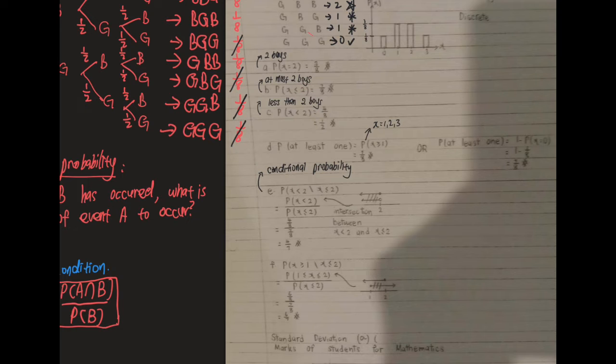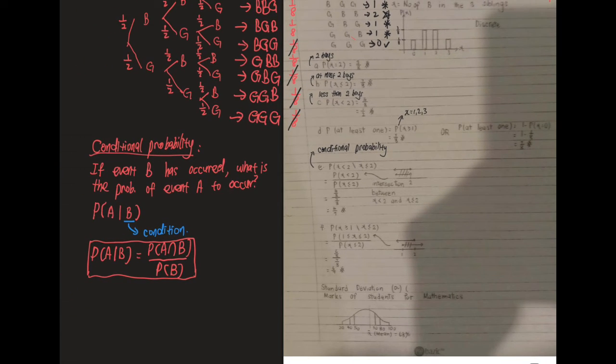Now, in order to put the question in words, I'm going to follow this way. If event B has occurred, the question will be like this. Sometimes they don't use "if", sometimes they use "given that".